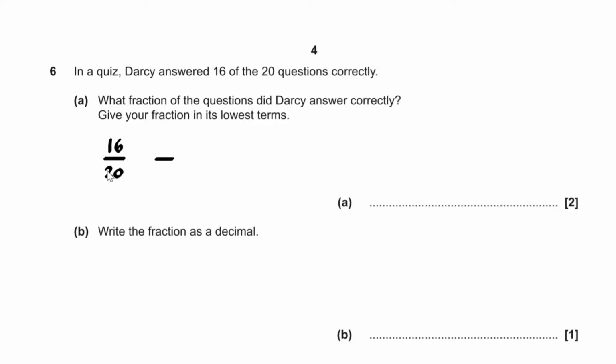The top and bottom can be divided by 4, leaving us with 4/5, and therefore 16 over 20 is the same as 4/5. For part B, we have to write the fraction as a decimal. 4/5 as a decimal is 0.8.